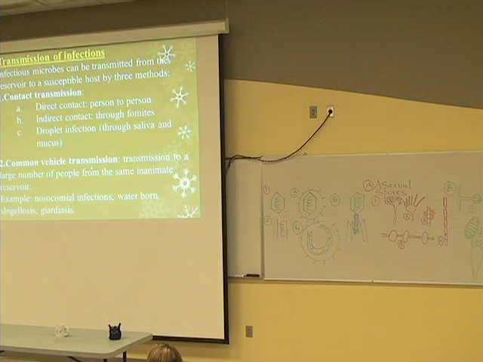Common vehicle transmission. When pathogens are transmitted to a large number of people, that is called common vehicle transmission. The whole water supply of a city is contaminated. Like 10, 15 years ago, the city of Milwaukee's water supply was contaminated with Giardia lamblia. Half of the city had diarrhea because the water supply was unable to remove the cysts of Giardia lamblia.